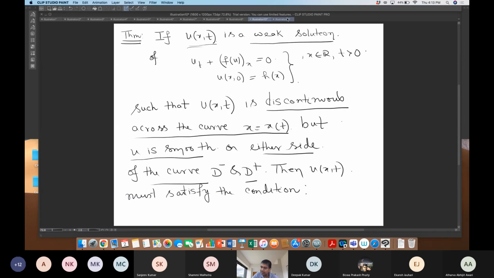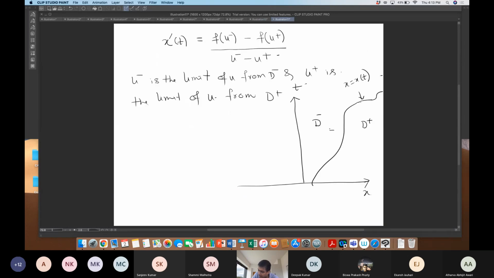What is u minus? u minus is nothing but the limit as x goes to the curve x(t) from this left side. You understand? So u is smooth here; this is u minus, and this is u plus if you approach from this side. Is that clear?